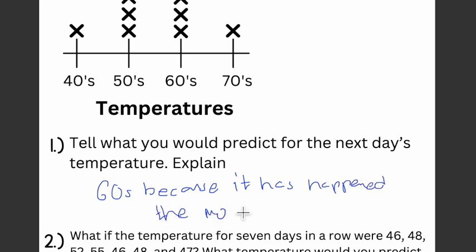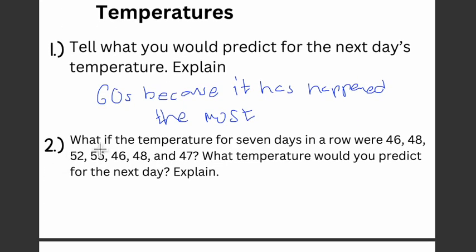Number 2, what if the temperature for 7 days in a row were 46, 48, 52, 55, 46, 48, and 47? What temperature would you predict for the next day? Explain. If we look at the temperatures for these days, we see that 1, 2, 3, 4, 5 of them are in the high 40s.